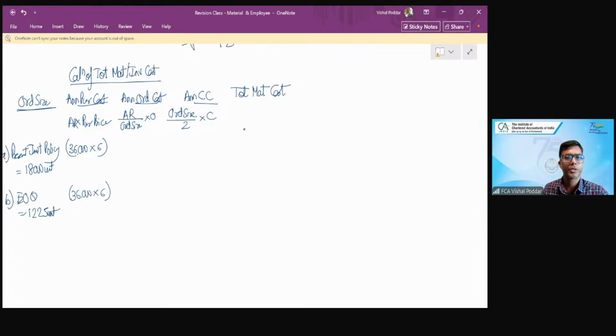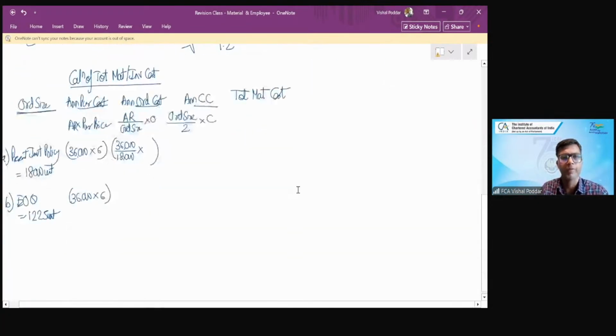Annual purchase cost is same. Now order size will change. So AR is 36,000. Your order size is 18,000 into cost per order. How much was our O? 25. Here order size, which is 18,000 upon 2 into carrying cost was 1.2.